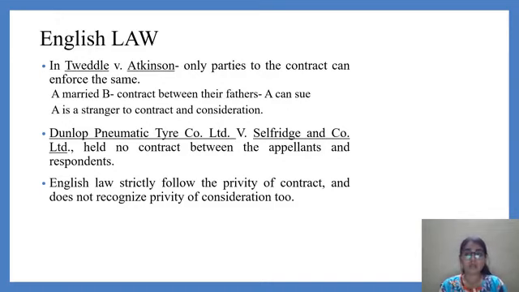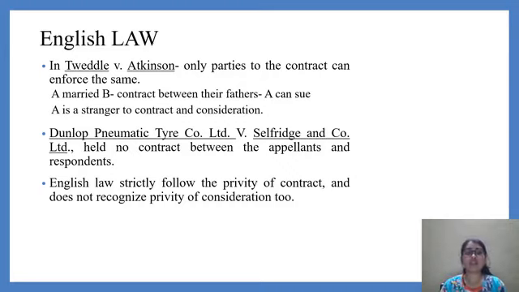After the death of the fathers, there was a failure and A sued for the same. Here the court held that A is not the party to the contract. A's father and B's father are the parties to the contract, and A is a stranger to the contract. He is also a stranger to the consideration. So the court applied the doctrine of privity of contract.